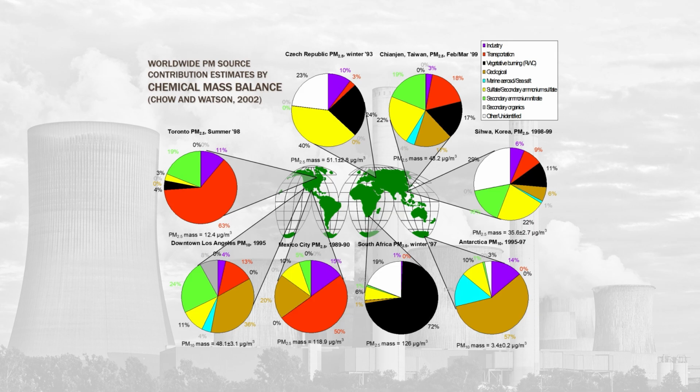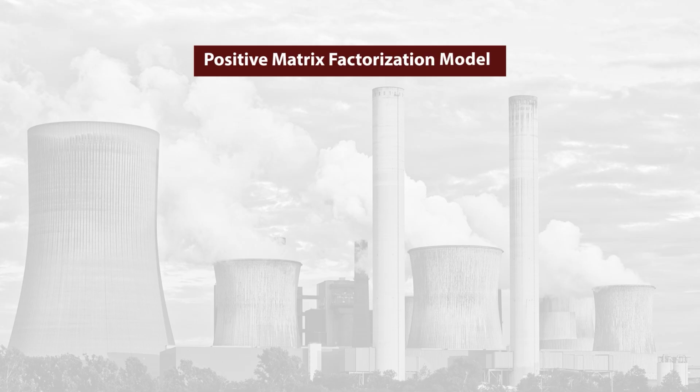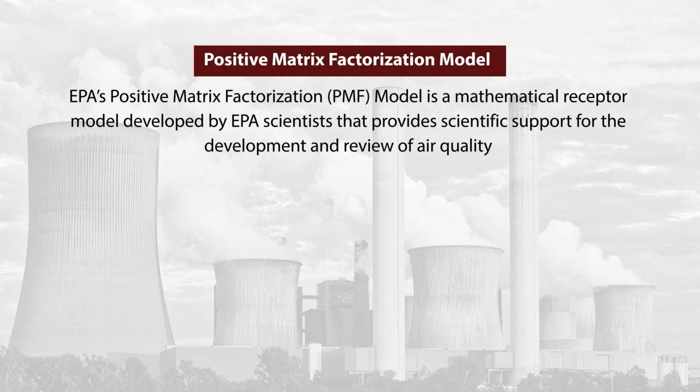It's very useful to determine the sources in an area, and appropriate management measures can be taken using this data. A similar model is positive matrix factorization, which is also a multivariate analysis tool. It also gives almost the same kind of results. The EPA, the US Environmental Protection Agency, has developed this model, and it can be applied when there is a huge set of data.